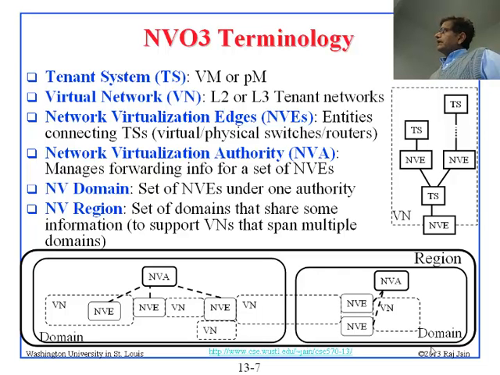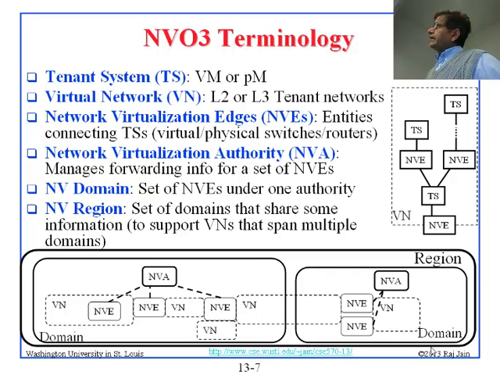Now, if the tenant owns the physical machine, this could be a physical machine. If the tenant owns a virtual machine, then this could be a virtual machine. And whatever connects these two is an NVE. So they are just generalizing the names. Instead of calling it a switch, they are calling it NVE. And the reason they have to call it NVE is because switch means layer 2, router means layer 3, and here we are developing it for both. Right? So NVE is the entity that connects.